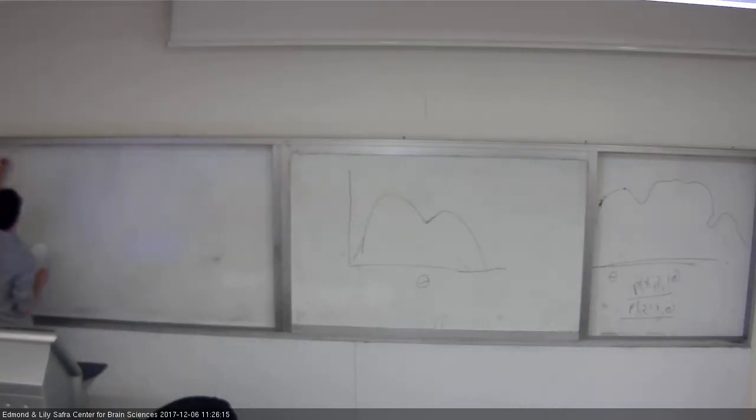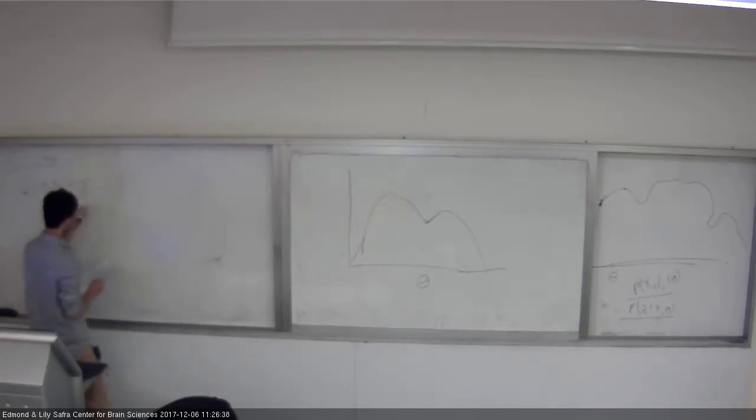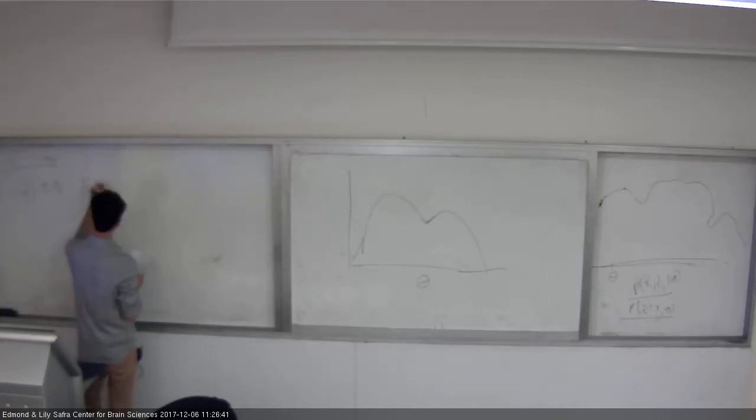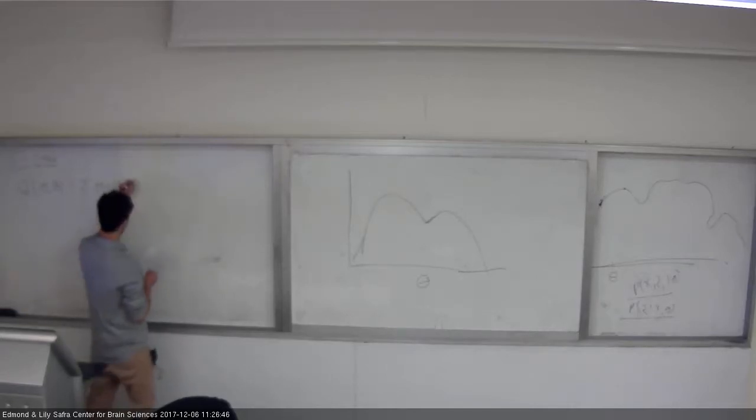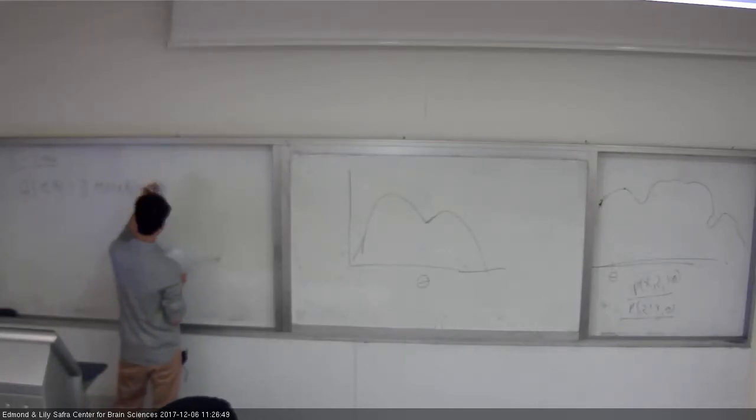So the E step: I evaluate the expectation, which we denote as the Q function of theta and theta hat, which is the sum over all the z of p of z given x and theta hat, times log of p of x, z given theta.